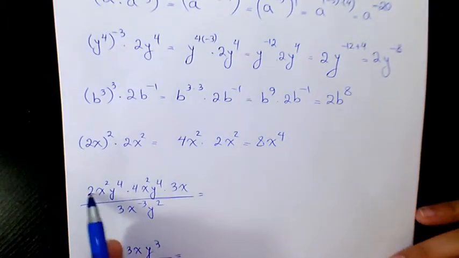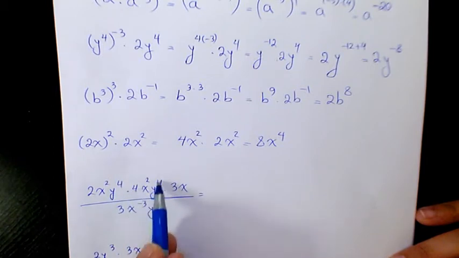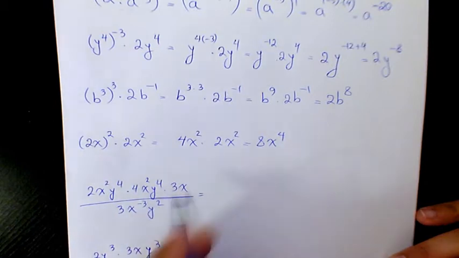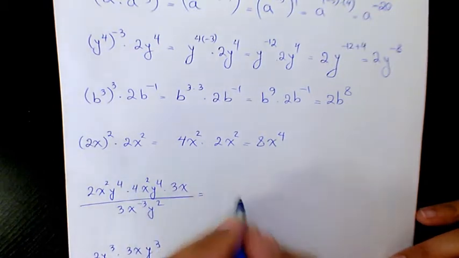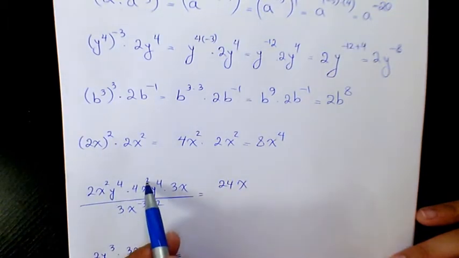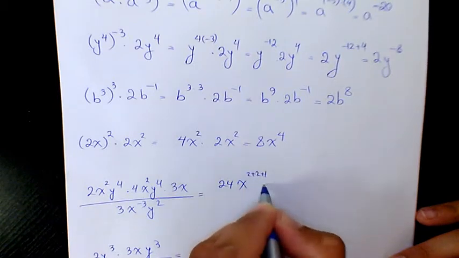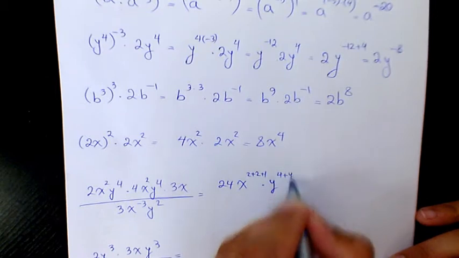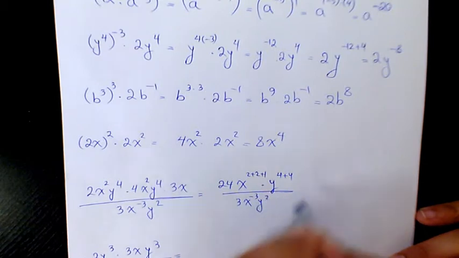Here you have 2 times x squared y to the power of 4, times 4x squared y to the power of 4, times 3x. So 2 times 4 times 3, I need to multiply the coefficients first. 2 times 4 is 8, times 3 is 24. x to the power of 2 plus 1, y to the power of 4 plus 4, divided by 3x to the power of negative 3, y to the power of 2.